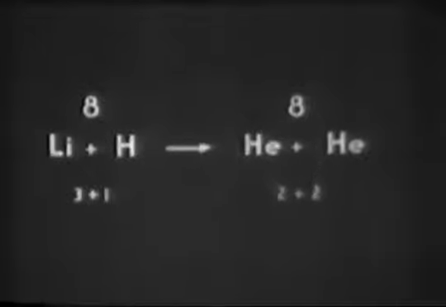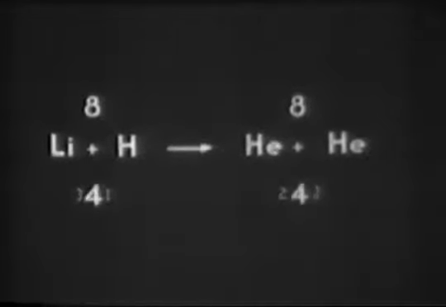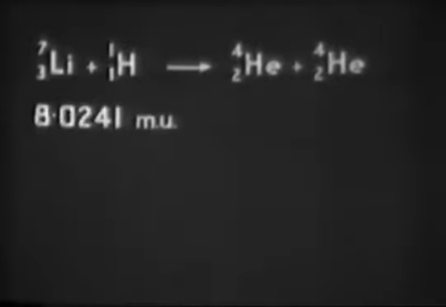Note that the 2 sets of numbers add up to the same on each side of the reaction. 7 plus 1 equals 4 plus 4. 3 plus 1 equals 2 plus 2. The actual masses concerned in the reaction are known from mass spectra. On the left, they total 8.0241 mass units.